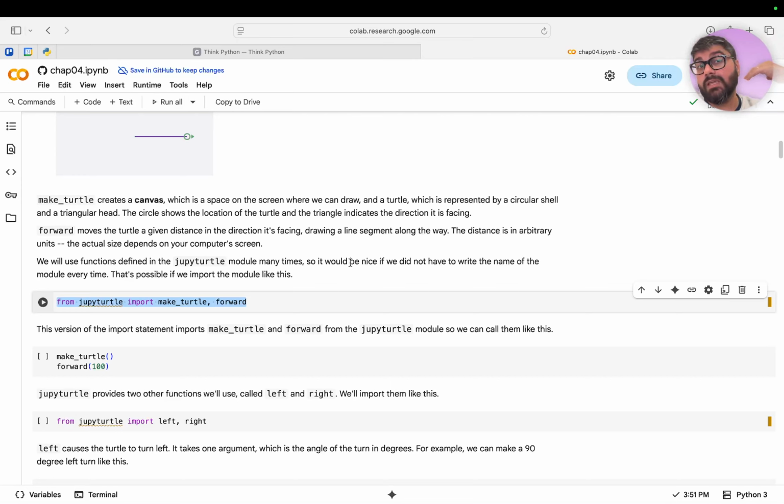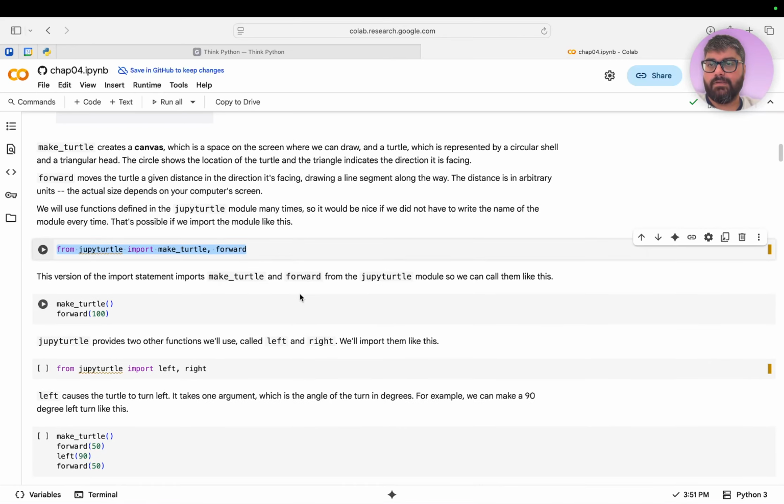So if you import an entire module, you're importing everything that is in that module scope. So it's better to actually import the things you are going to use rather than literally everything, because that just pollutes the namespace and makes it harder to name variables and stuff like that.